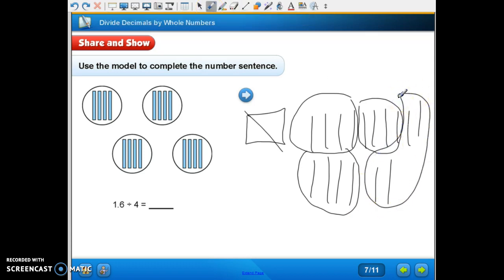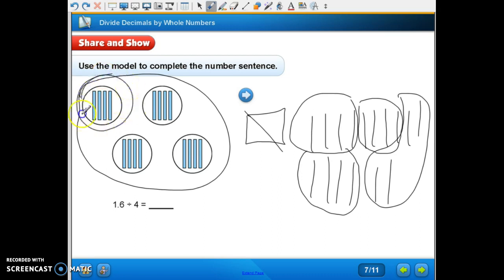There's my groups of 4, just like they have groups of 4. So if I have 1 6/10 divided by 4, what's my answer? What's in one of these circles? 4 tenths.